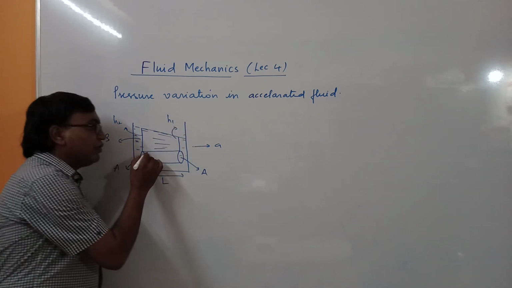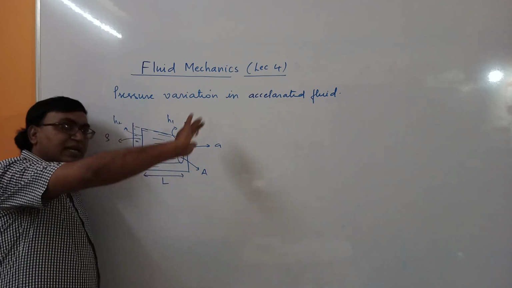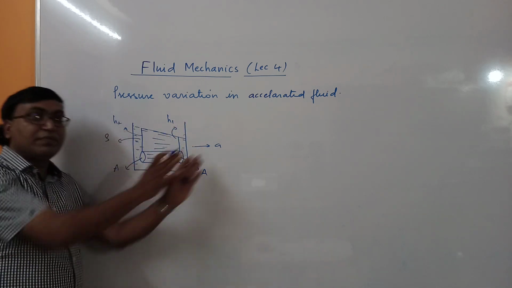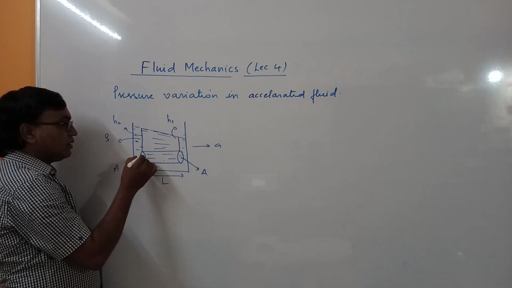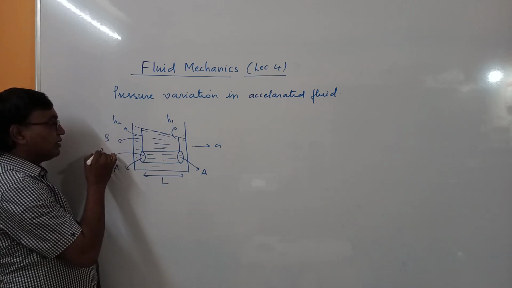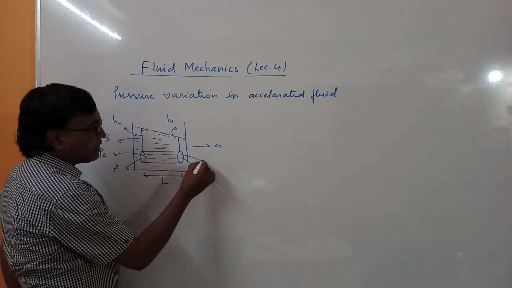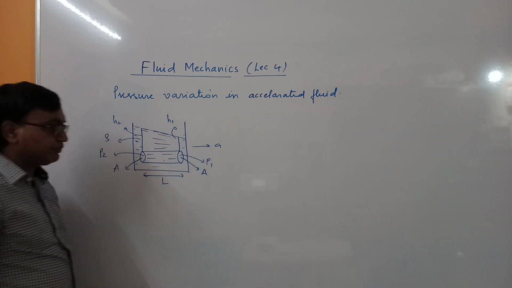Since this fluid is accelerating in this direction, there must be some net force in this direction. So let us assume the pressure at this point is P2 and the pressure at this point is P1.